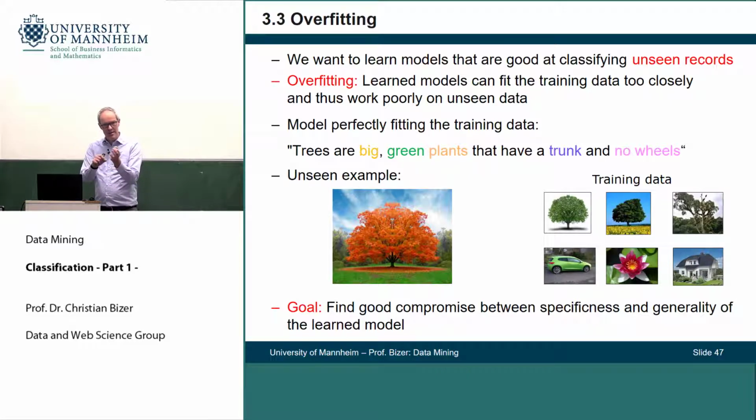So the model needs to stay somehow specific to be able to distinguish between, let's say, trees and houses. But we also don't want it to become over-specific, overfit, so that we can't deal with these reddish trees or some other trees which we haven't seen beforehand, so we don't know which attribute values we will encounter.